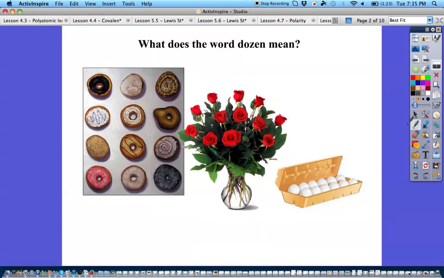So just like the mole, we have other words that describe a specific number. The word dozen refers to 12 somethings: 12 donuts, 12 roses, or 12 eggs.